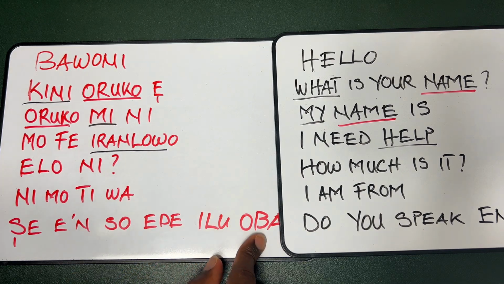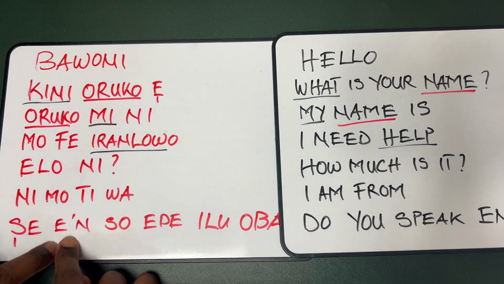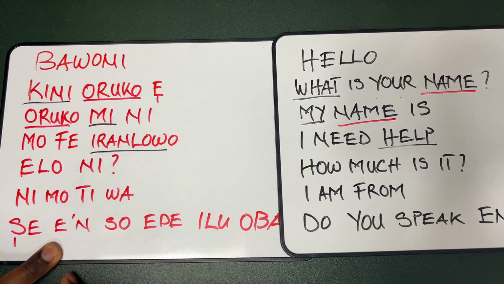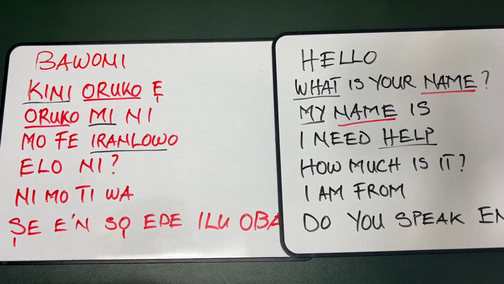Language of the queen. So, do you, so the ń here is the continuous tense. And this sọ is speak. So sọ means speak.